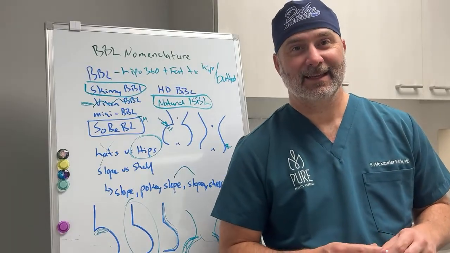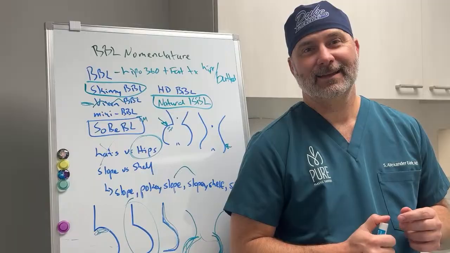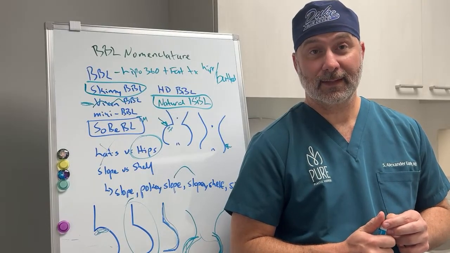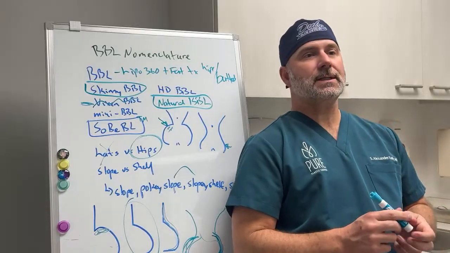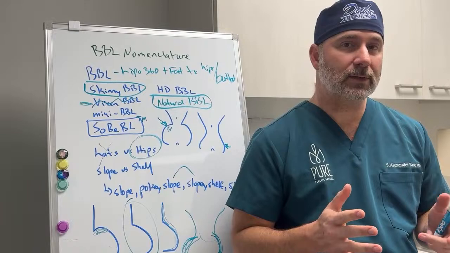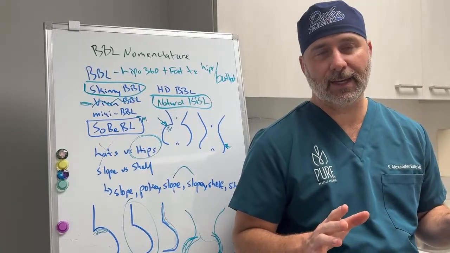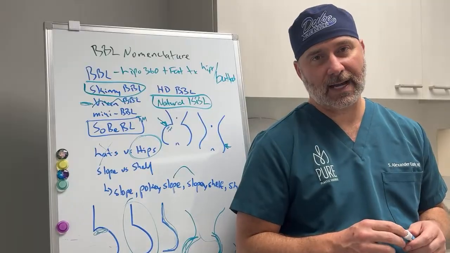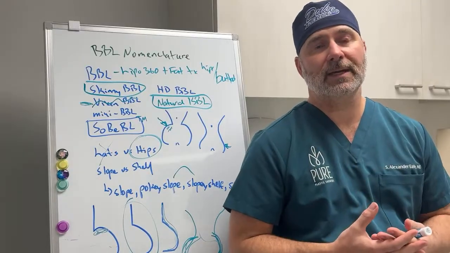For Jolly, she said, please ask the question, if you do a BBL, can the fat die? Okay, so great question. So the answer is some of it will die. We know that for sure, okay? So every time a BBL, not all the fat survives. And so I say this to all my patients.